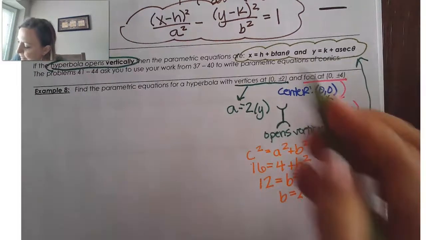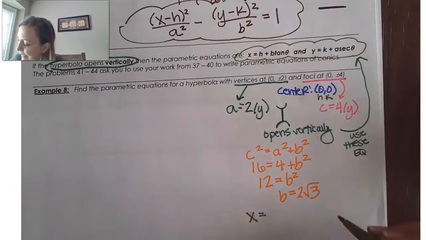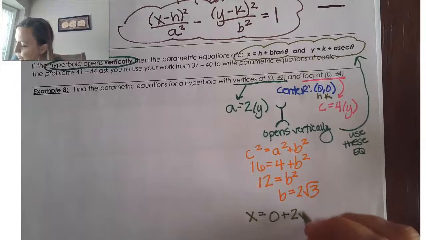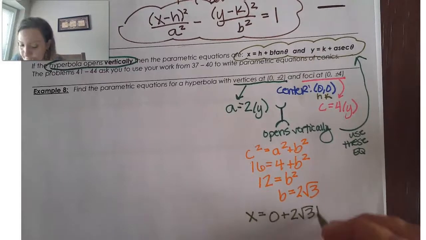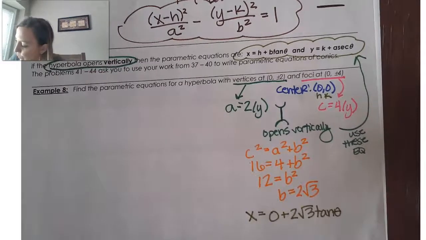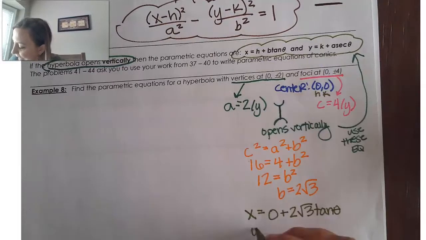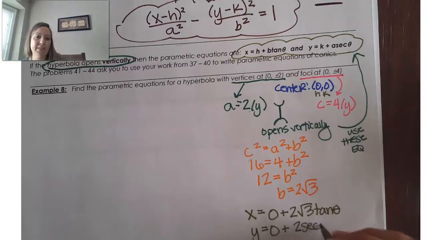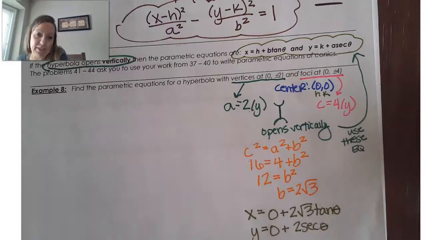Okay. So if we look at these parametric equations, remember that this is h and k. So this is telling us that x equals, my h is 0 plus b is 2 root 3 tangent theta. And then y equals, my k is 0 and my a is 2 secant theta. Well, obviously we're not going to want to leave the zeros in our answer.